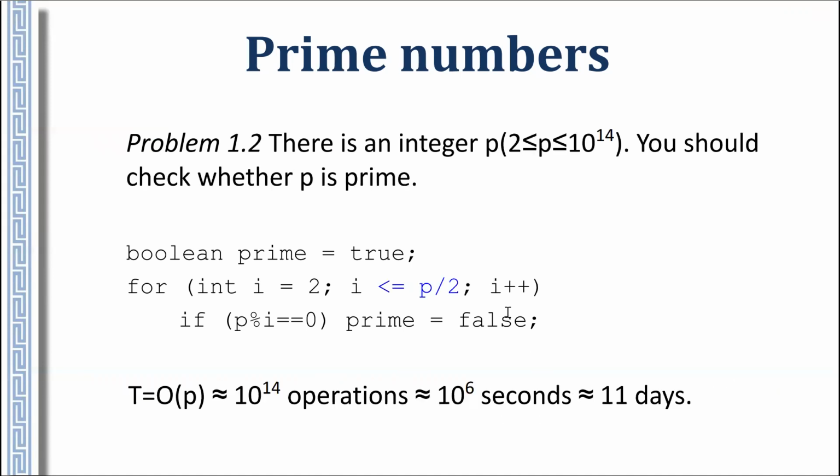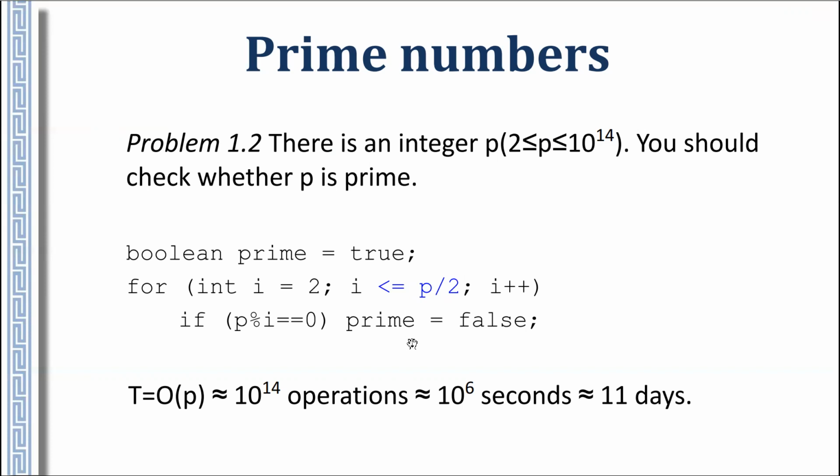So firstly, for example, we can check only the numbers up to p over 2, because there are no divisors bigger than p over 2 for any number. But anyway, there are p over 2 steps here.